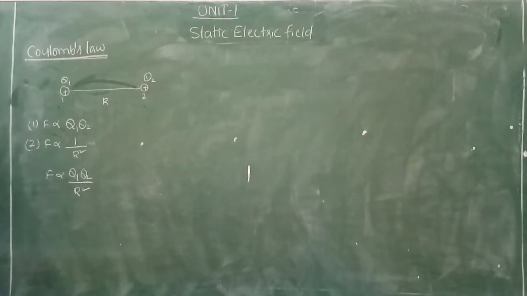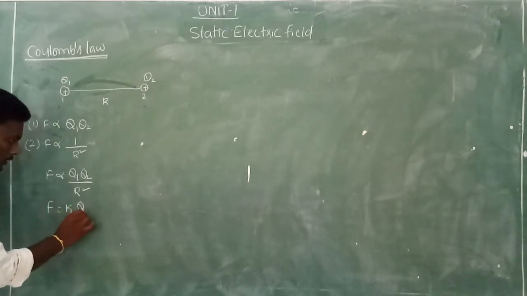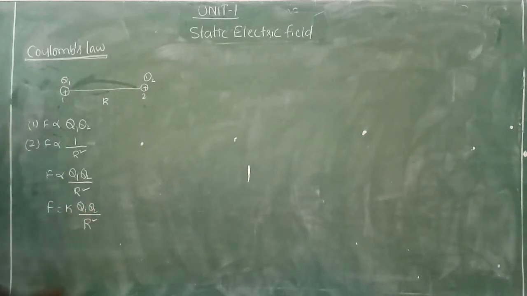Now, this is the proportionality. If I remove the proportionality sign, I can write a proportionality constant k: F is equal to k q1 q2 by r square, where k is called the proportionality constant.